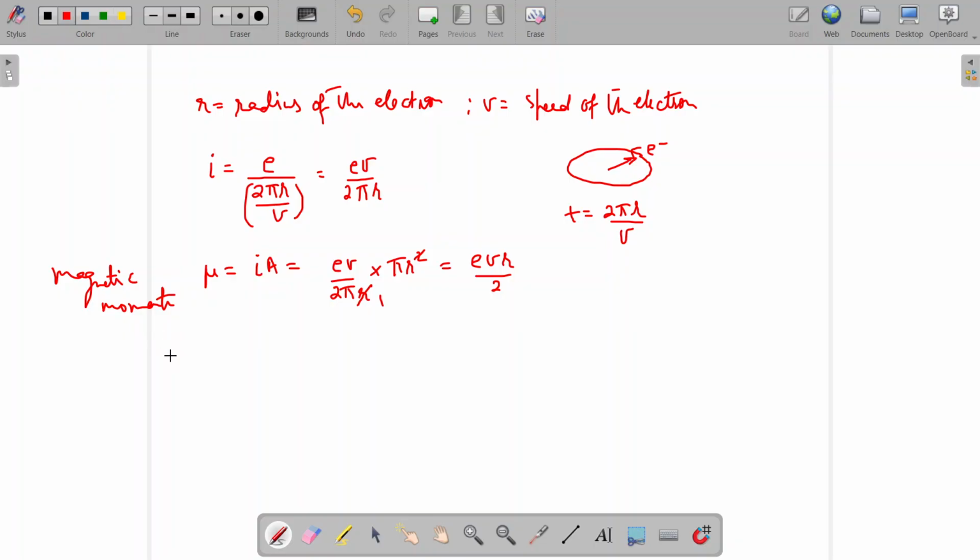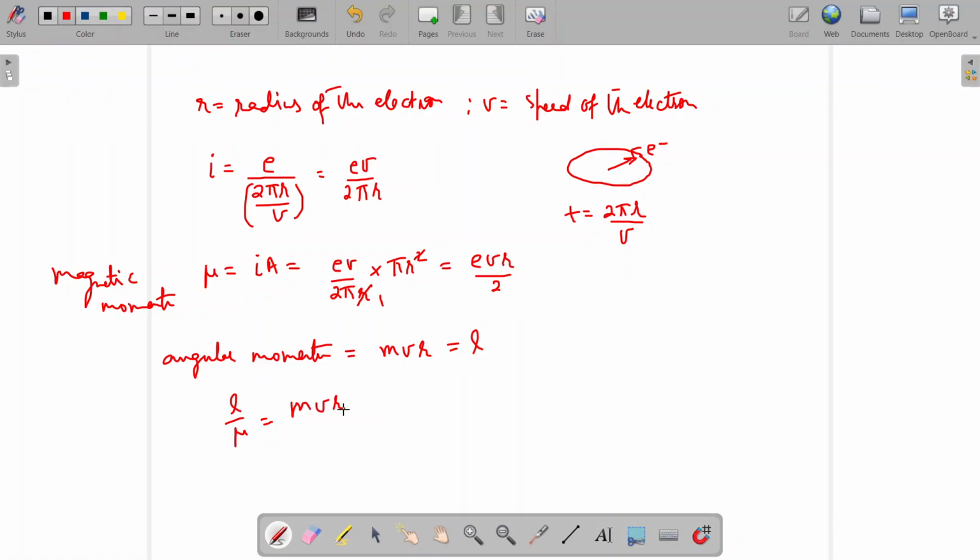Next, what is the angular momentum? The angular momentum of the electron is simply mvr. This is true for any particle going in a circle of radius r with speed v. So what is the ratio of angular momentum and magnetic moment, L by mu?